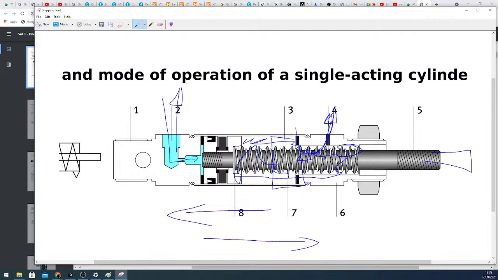So we are not trying to compress air in this part, and we are not generating vacuum here. Air can travel through this side in both directions. But we're not using compressed air on this side, only on the left side, the back side.